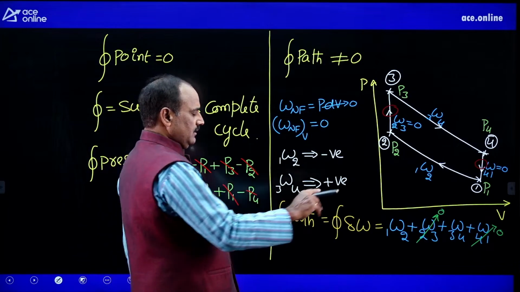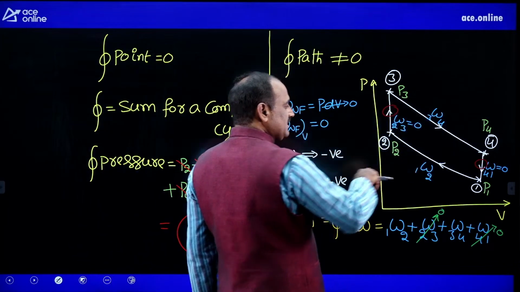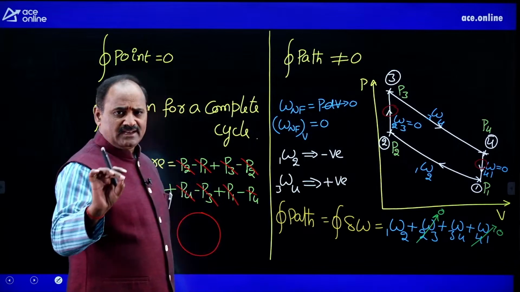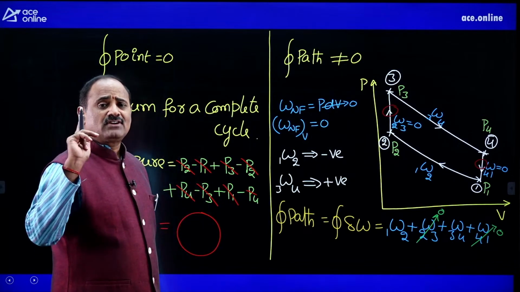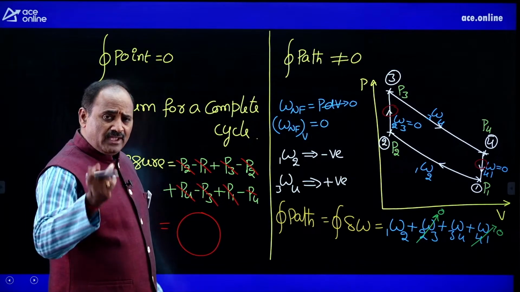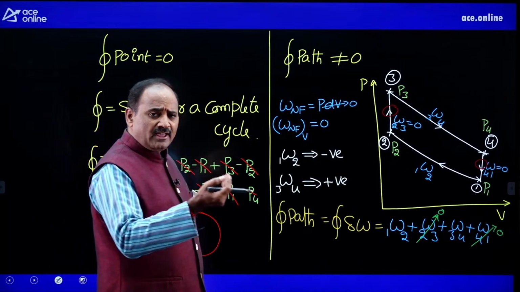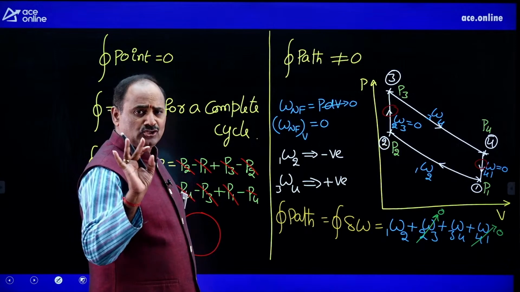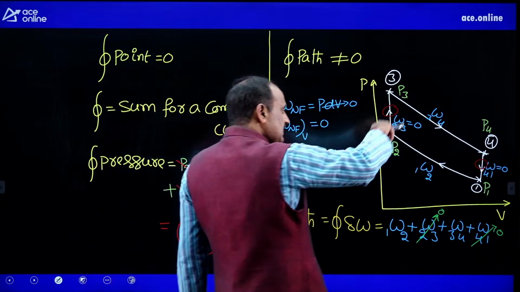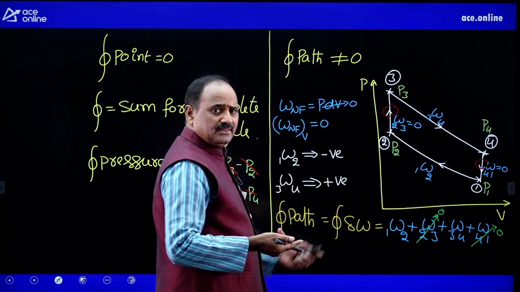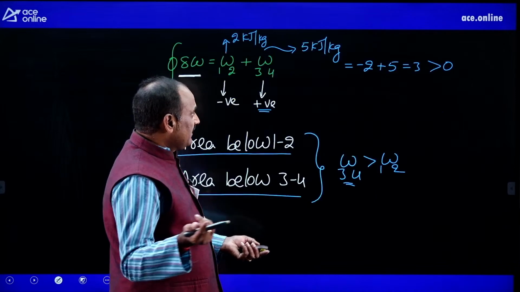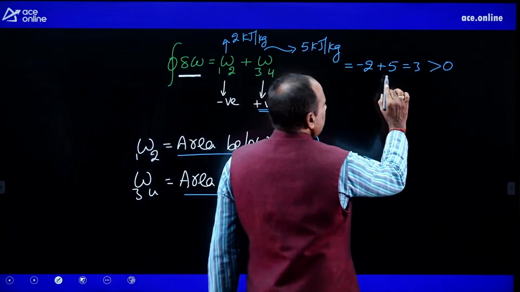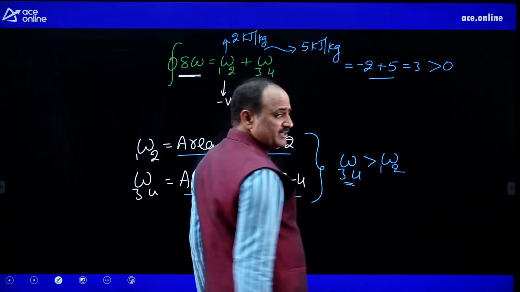Once again, wherever you find the thermodynamic cycle in the clockwise direction, that cycle is for a power producing device. Wherever you find the thermodynamic cycle in the anti-clockwise direction, that cycle is for a power consuming system. Since it is constructed in the clockwise direction, this is for a power producing device. That is the reason why we got the net work positive.